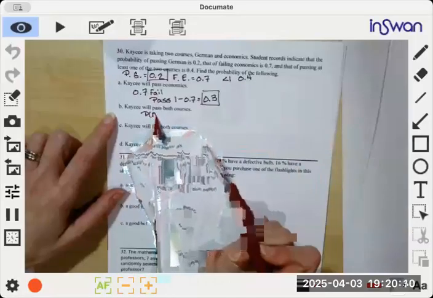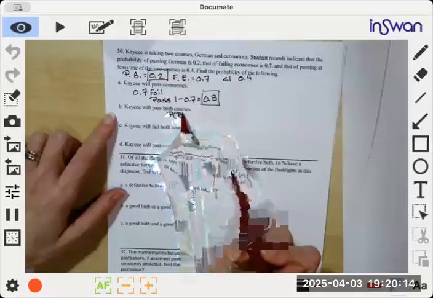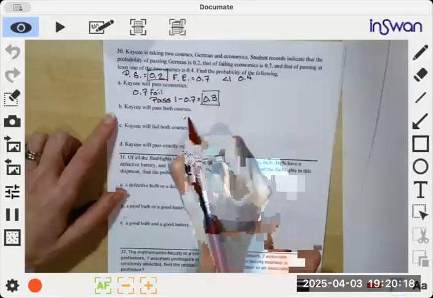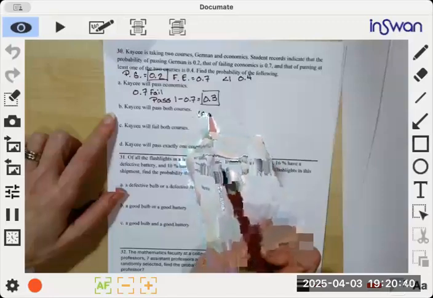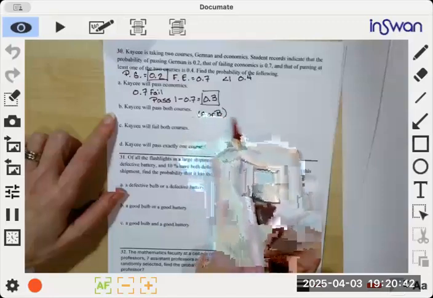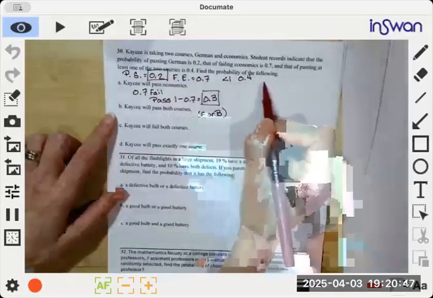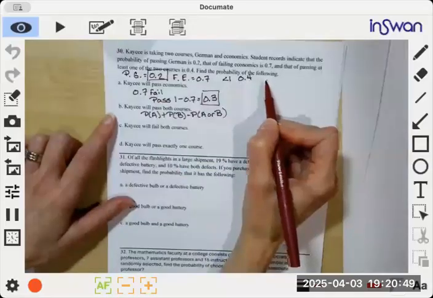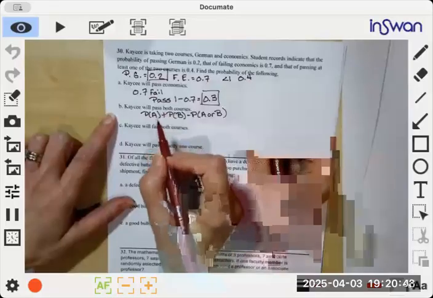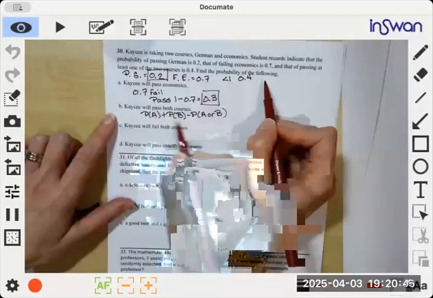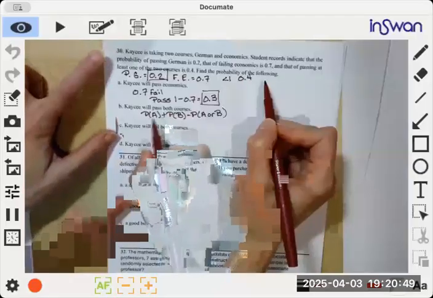Remember the probability of A plus the probability of B minus the probability of A or B. This is A or B. So the probability of the A, I'm saying is pass.